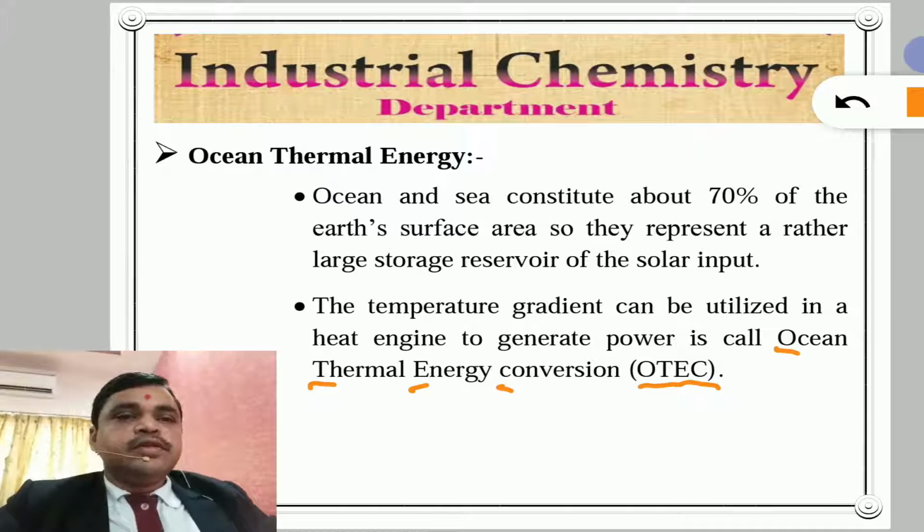So the heat engine that generates power using ocean energy is known as OTEC, Ocean Thermal Energy Conversion.